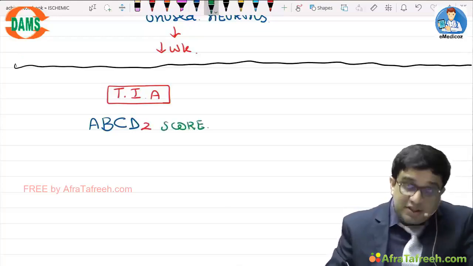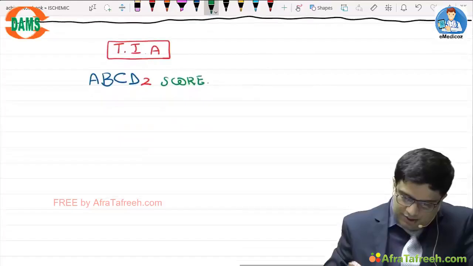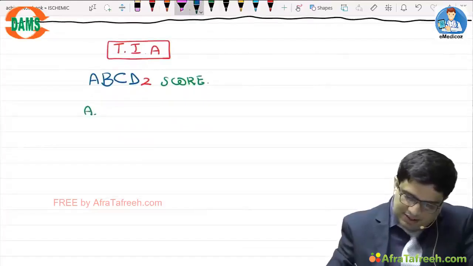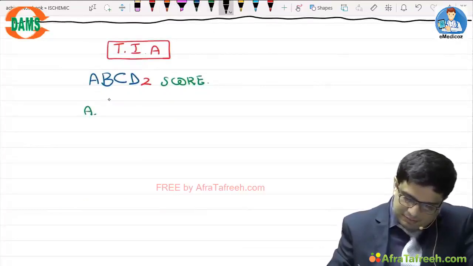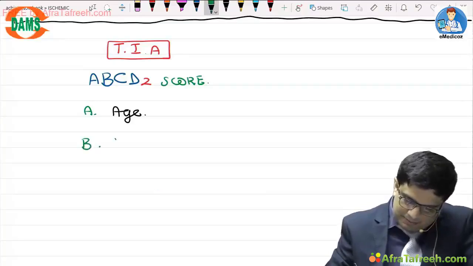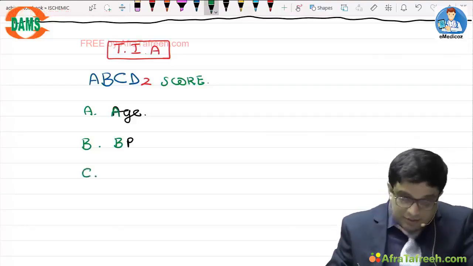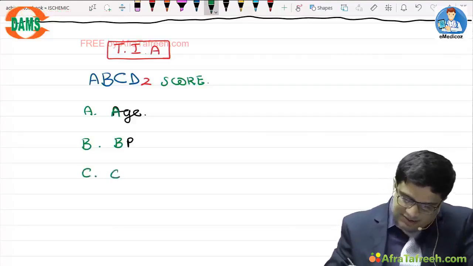Now what is the meaning of the word ABCD and why is it D2? Let's start with the first, A, that stands for age. The second, B, in the ABCD stands for blood pressure. C over here stands for clinical symptoms.